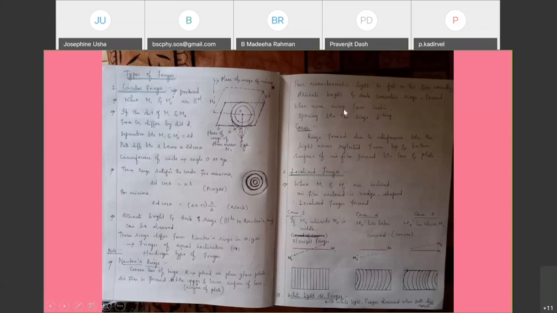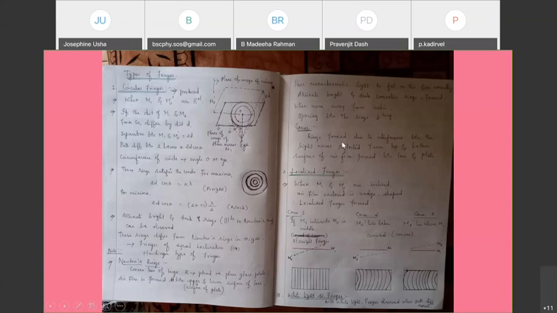And what is the cause of Newton's ring? It is formed due to interference between light waves reflected from the top and bottom surfaces of the air film formed between the lens and glass plate.